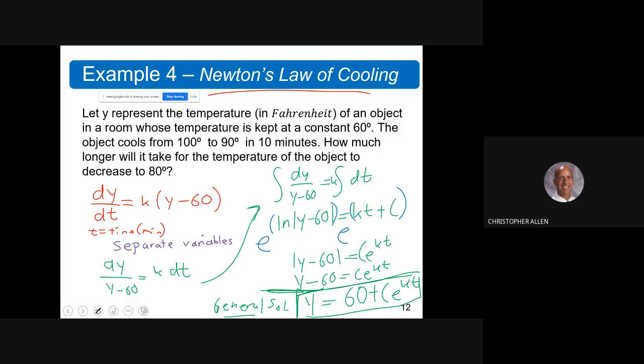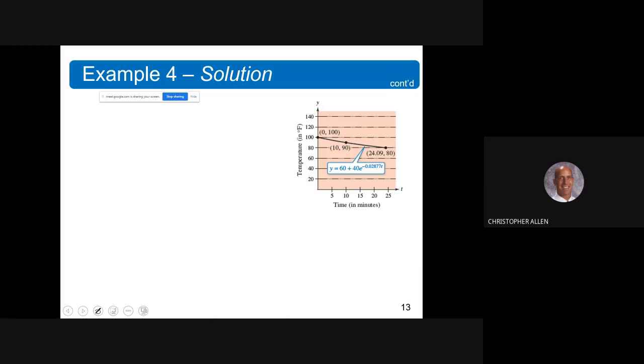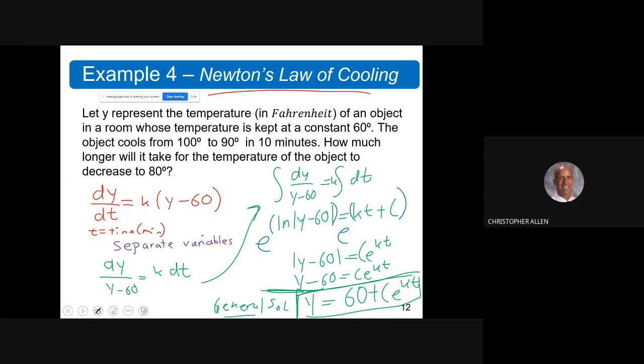All right, I'm going to go to the next slide. I'm going to need some more room here. So again, we have y equals 60 plus ce to the kt. Now we know that in this problem at t equals 0, y was 100. Do you guys remember that? It says it cools from 100 to 90 in the first 10 minutes.